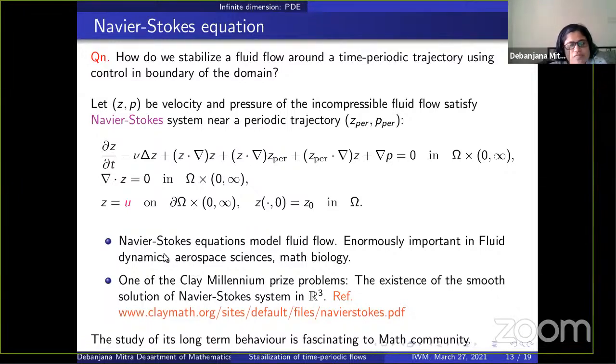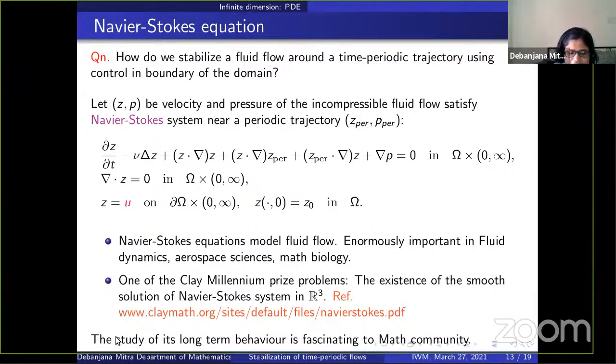Not only that, even from a mathematical point of view, the existence and the qualitative behavior of the solution of this system is not fully known, and especially in R3 it is a Clay Millennium Prize problem. It is still open.